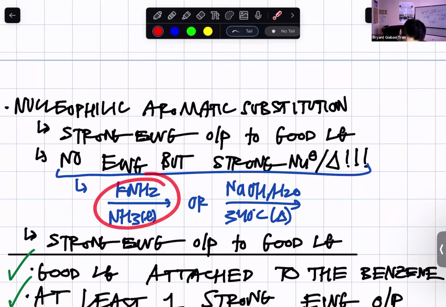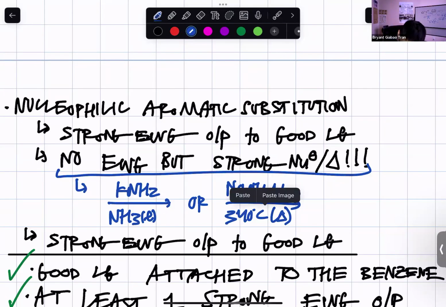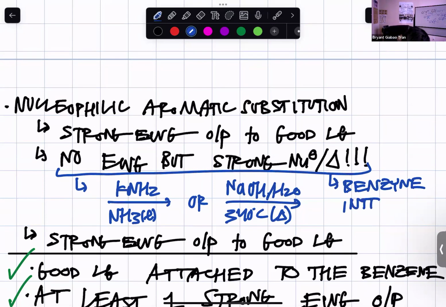And these are the reagents that you would see for this reaction with no EWGs. And then this one here is talking about the benzyne intermediate.